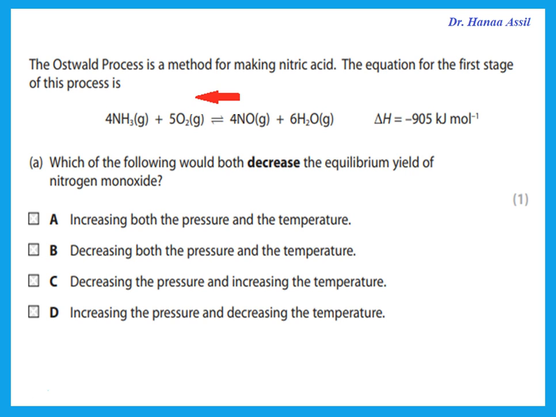It is going from 4NO plus 6H2O going backward to 4NH3 plus 5O2. So instead of 10, I'm forming 9. So I'm decreasing the number of moles. We said in order to go to the side with less number of moles, we need to do what to the pressure? We need to increase the pressure. So actually, to go backward in this reaction, I need to increase both pressure and temperature.